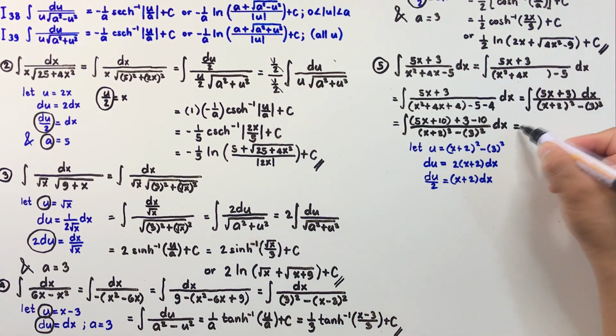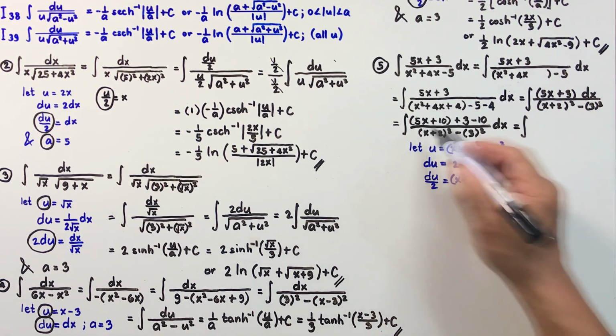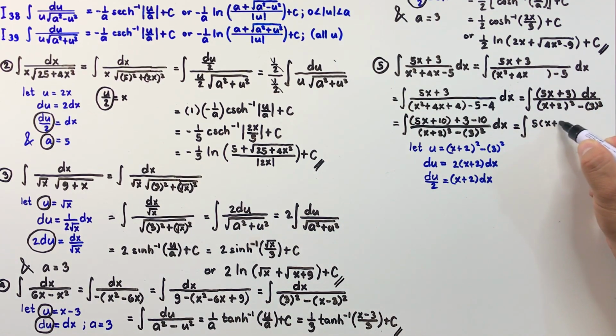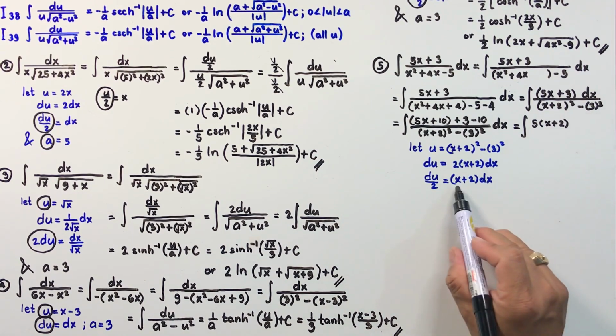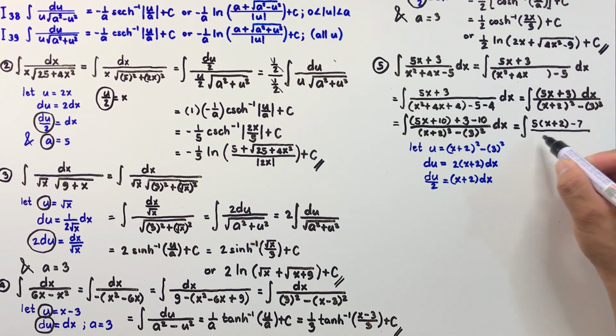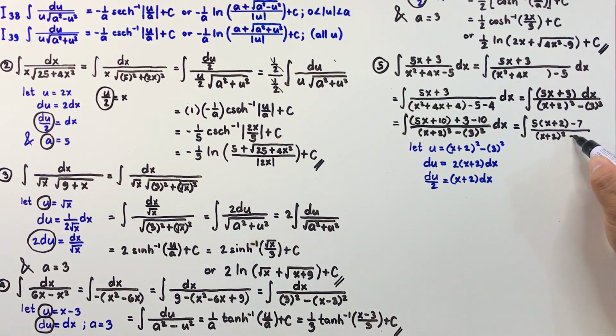Because if you factor a 5 in the numerator, we have 5 times x plus 2. And therefore, we come up with this one here. But we still have a minus 7 in the numerator. So this is divided by the quantity x plus 2 squared minus 3 squared. There. So to solve this problem is to divide these two terms of the numerator by this denominator here.